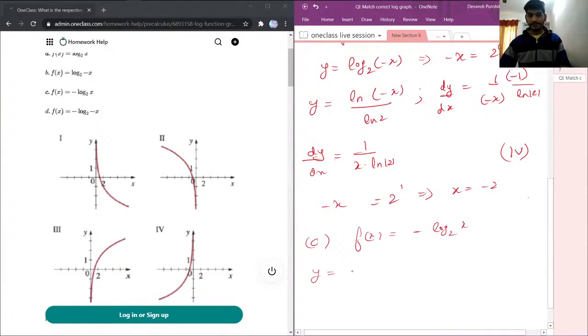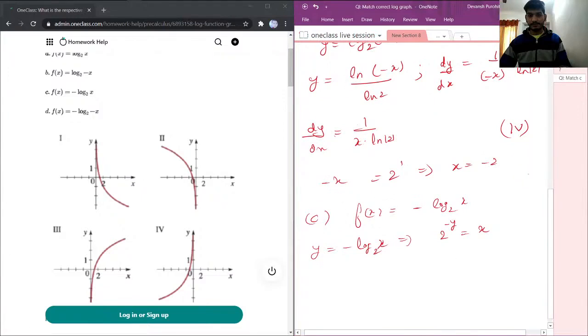This will be y equal to negative of log base 2 of x, and taking anti-log, I will get 2 power minus y equal to x, or this will become 1 over x.